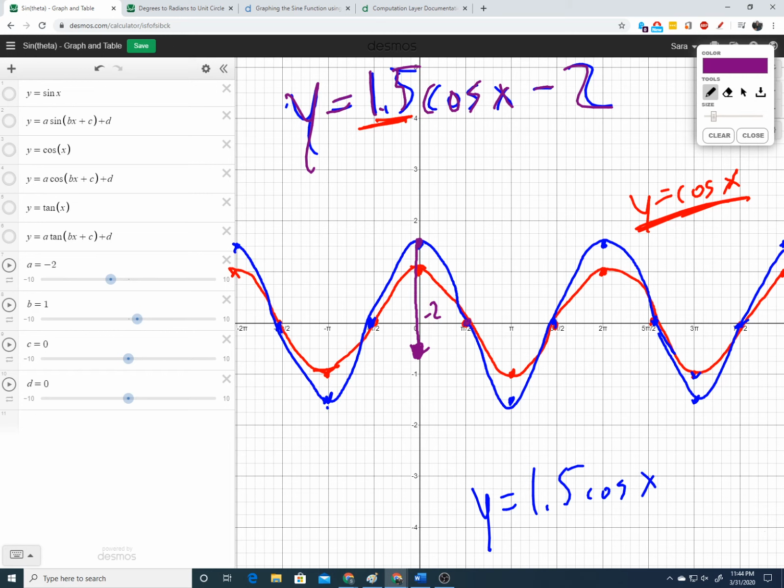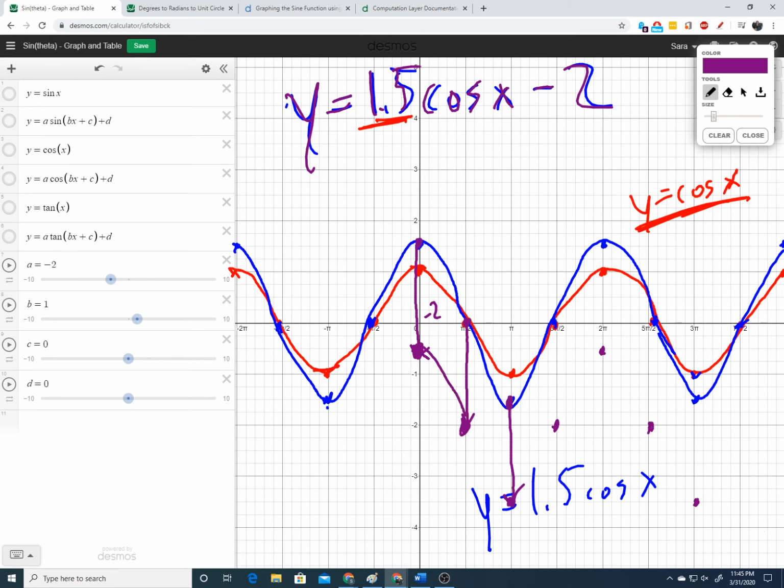This point right here, that's at 0, needs to move down 2 so that it's at negative 2. And this point, that's our minimum, that's already at negative 1.5. Negative 1.5 minus 2 is negative 3.5. And we're going to see our values shift in a consistent way.